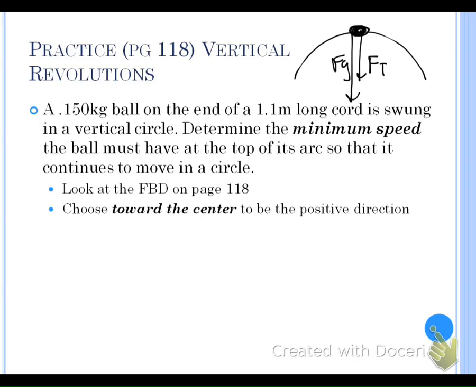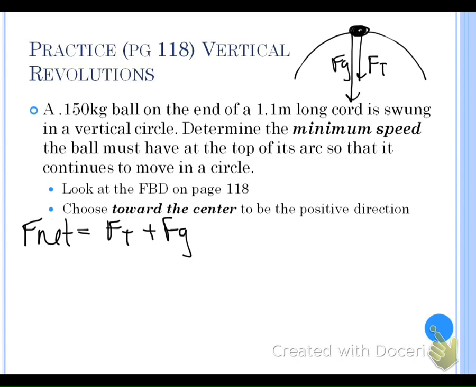So if we write our F-net equation here, F-net equals force of tension plus force of gravity. So why did I add force of gravity rather than subtract it? They're going in the same direction, and we chose the center of the circle to be the positive direction. When we're dealing with vertical things especially, we choose toward the center of the circle as the positive direction.